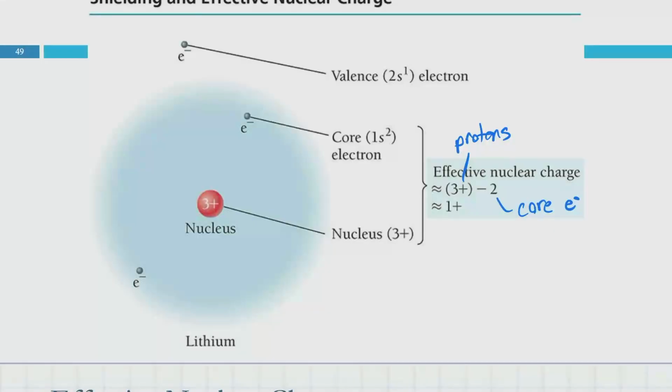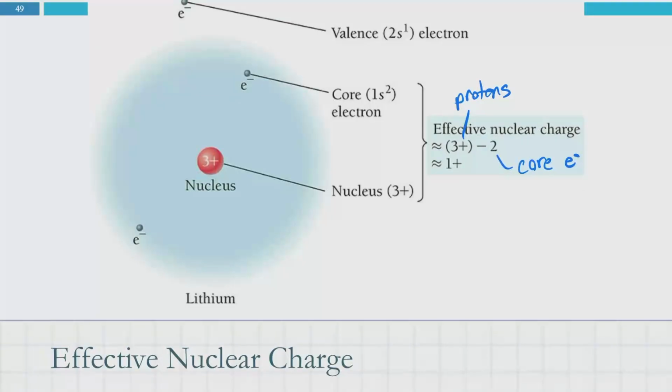Sulfur also has 10 core electrons because neon is still the previous noble gas. What does sulfur have compared to phosphorus? What changes from phosphorus to sulfur? The valence electrons change. What else changes? The size changes, but that's because we're also gaining a proton. So we're gaining a proton, the core electrons are staying the same, and so the effective nuclear charge is going up.